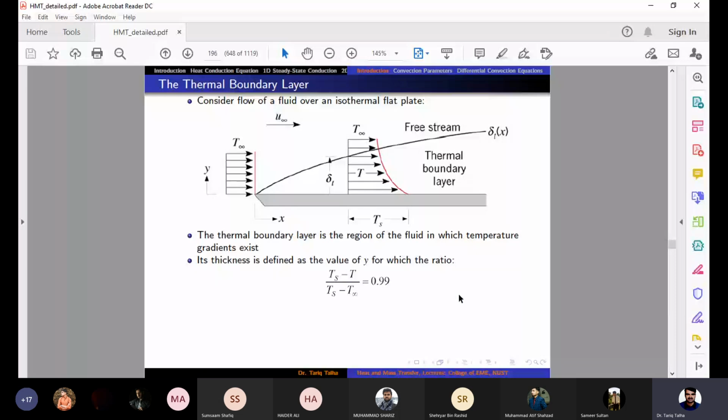When this ratio becomes equal to 0.99, then we can say that that distance is the thermal boundary layer, right?